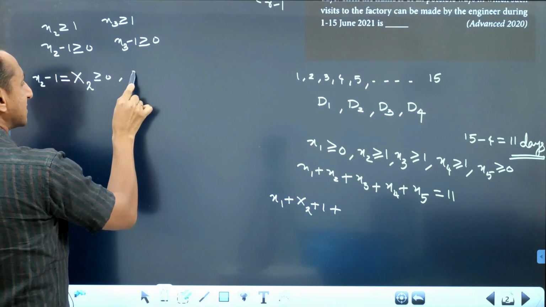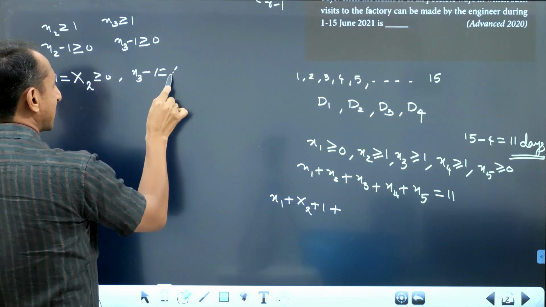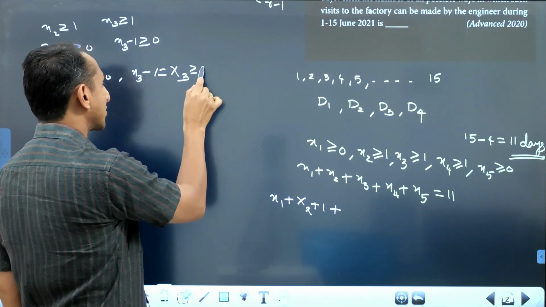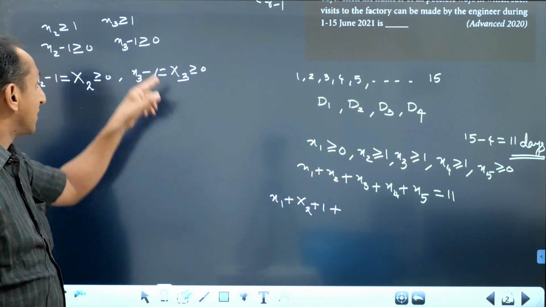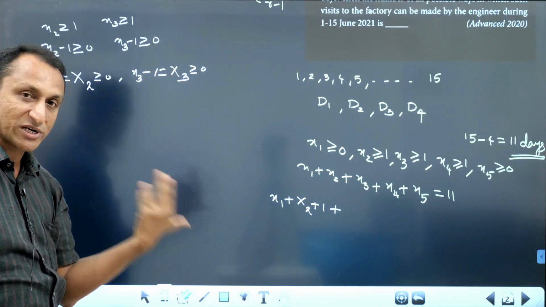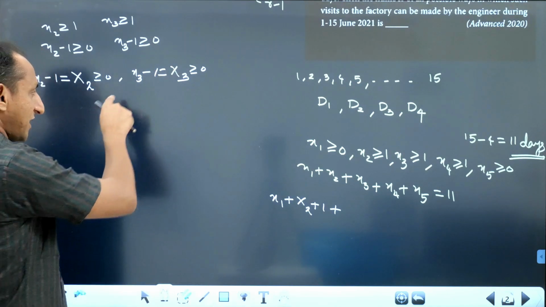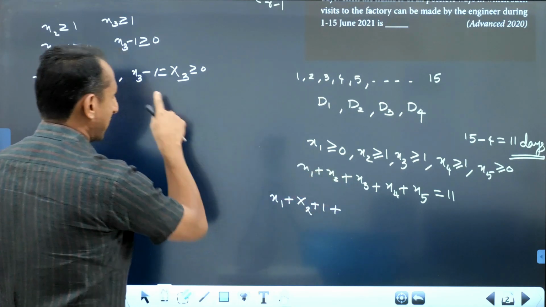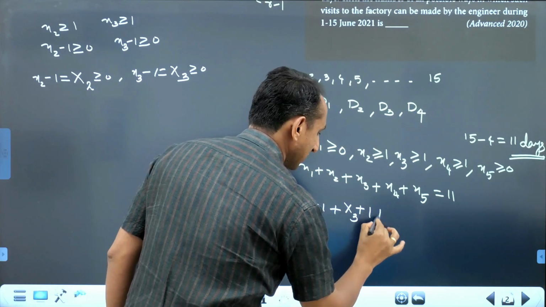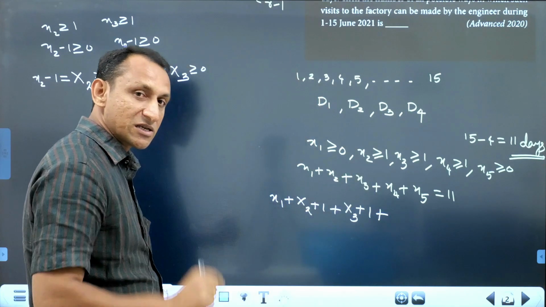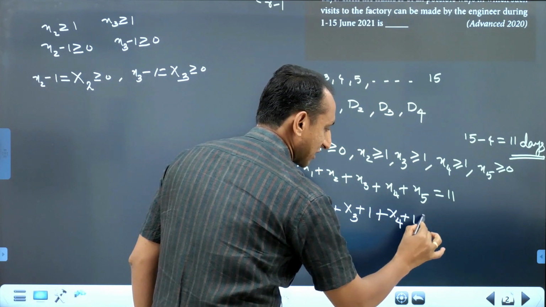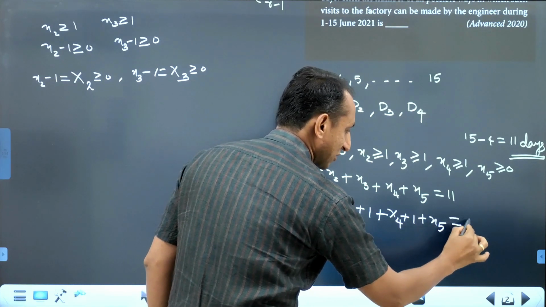I take x3 minus 1 as capital X3, which is greater than or equal to 0. So I replace small x3 by capital X3 plus 1. Similarly, we write small x4 as capital X4 plus 1, plus x5 equal to 11.